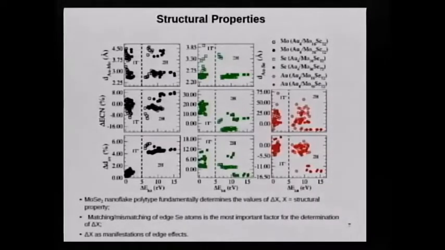So the interaction taking place there is between the edge selenium and the gold, whereas on the 2H nanoflakes, I will have to balance those interactions because there will be on the edges the selenium-selenium interactions, which are matching on the edges, and the selenium-gold interactions. Therefore, the general evolution of structural properties is modulated by edge effects, in particular the edge configurations belonging to each nanoflake polytype.